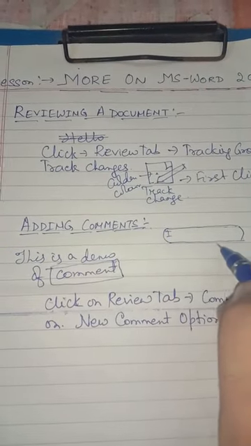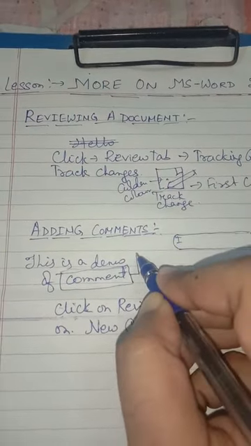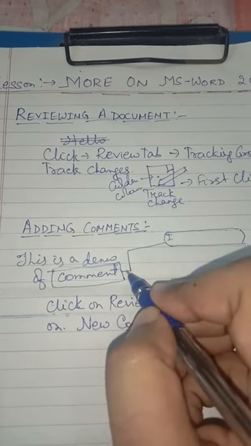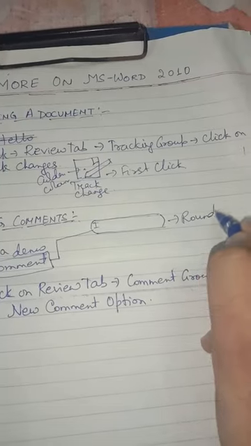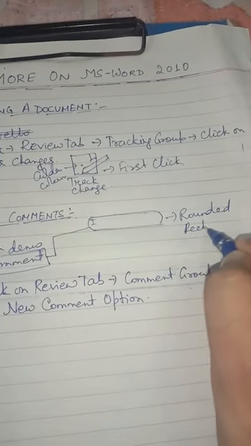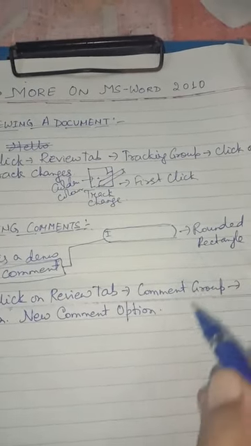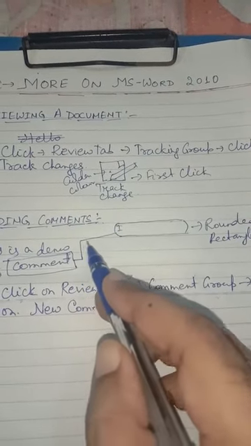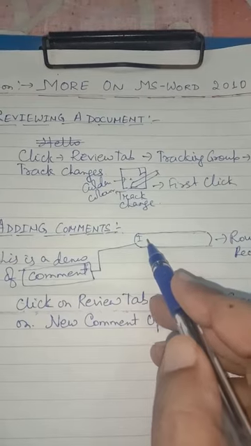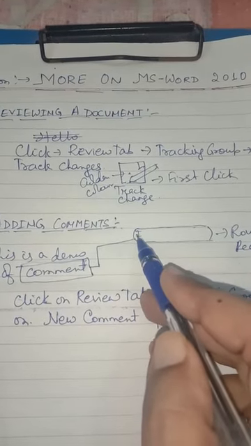As soon as we click on the new comment option, a rounded rectangle box of this type will appear with the help of lines. Now we left click over here, and the cursor will appear.